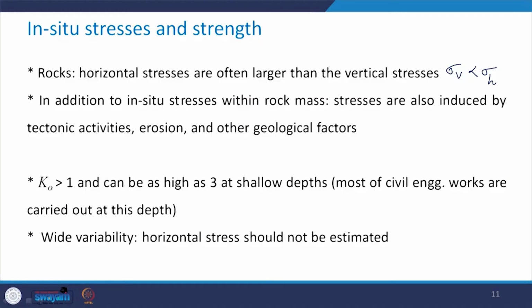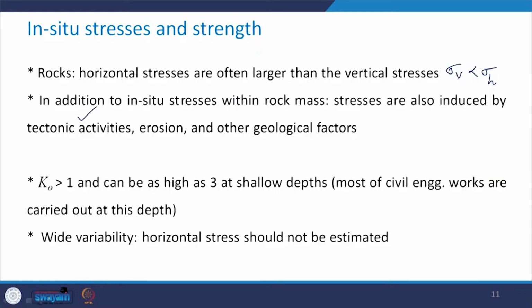That is, generally your sigma V will be less than sigma H. In addition to in situ stresses within the rock mass, stresses are also induced by various tectonic activities, erosion and other geological factors, and these contribute towards sigma H being more than sigma V in the case of rocks.